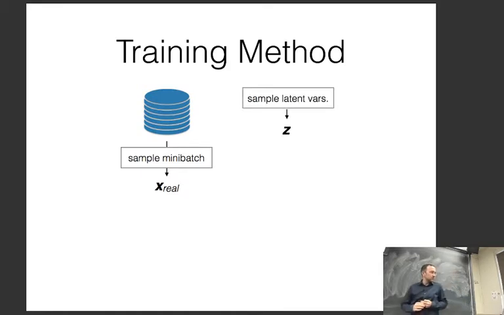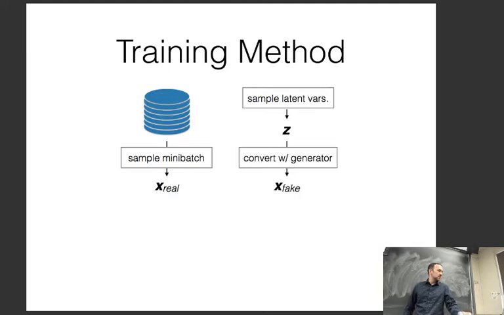Then we randomly sample latent variables like we used in the variational autoencoder, maybe from a Gaussian distribution or something like that. Then based on these latent variables, we use the generator to generate this X fake. So these are our fake examples.